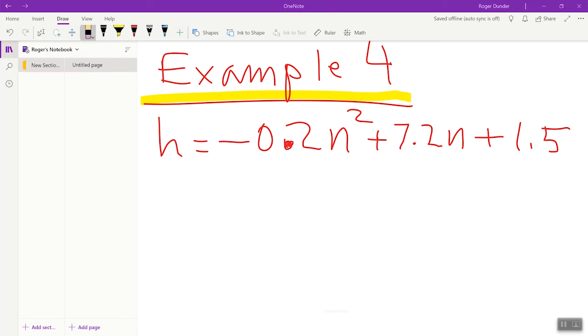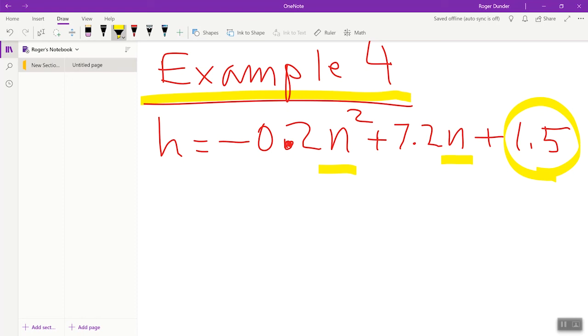And again, H represents percentages. So if we have N equal to 0, what year would that be? That would be 1990. So if N is equal to 0, what's the percentage of households that have high-speed internet? 1.5%. Okay? So I hope you've understood the equation well.